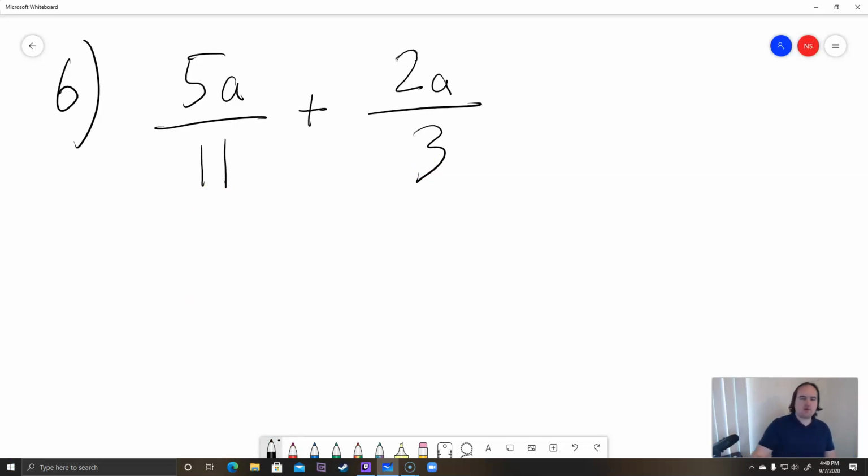But I think most people can see that since we have 11 there and a 3 there, we're missing a 3 here. Okay? So for the first denominator, we need to have a 3. So we're going to multiply the top and the bottom by 3. Whereas for the second denominator, we're missing 11. So we multiply the second fraction by 11 on the top and the bottom.